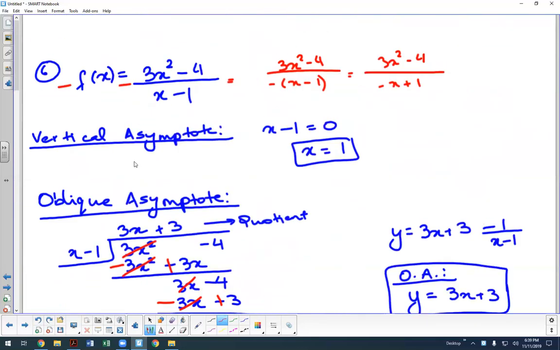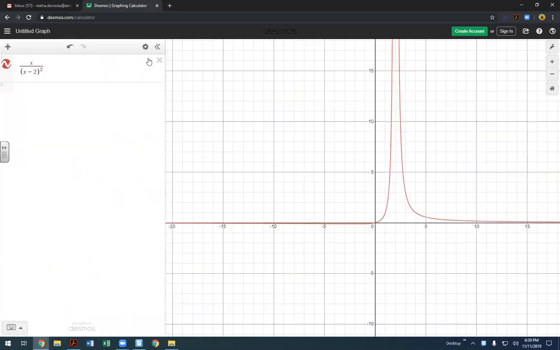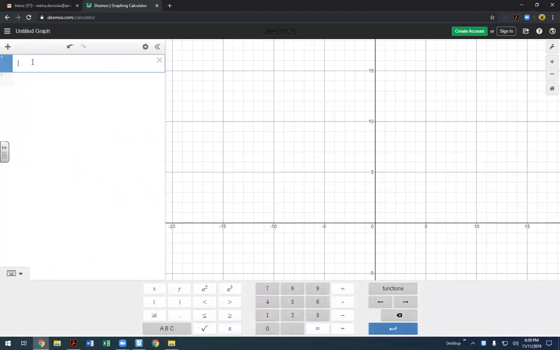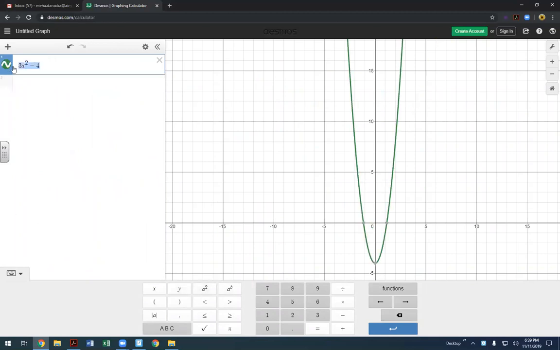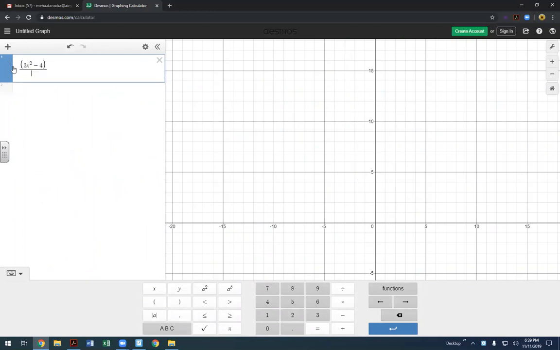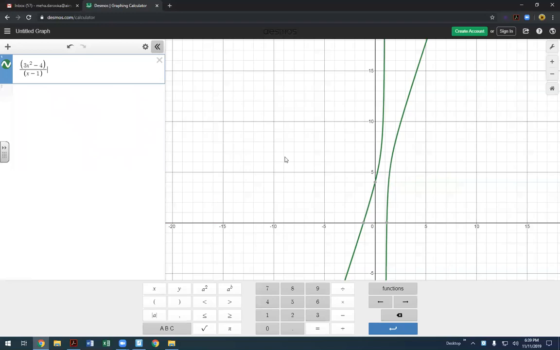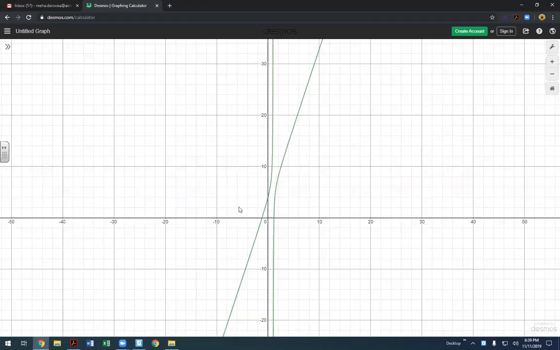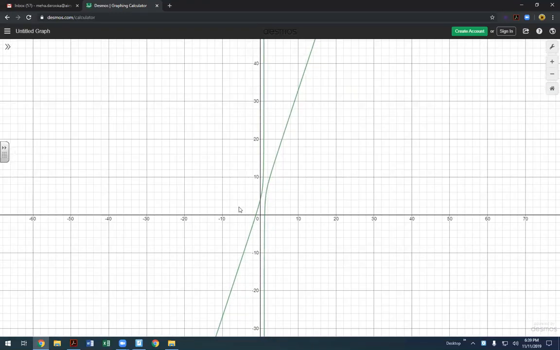Okay, so let's see, this guy was 3x squared minus 4, divided by x minus 1. Okay, so you should kind of see that's the shape of what our graph should take.